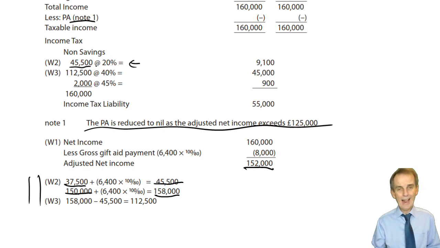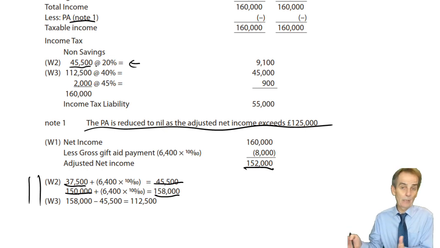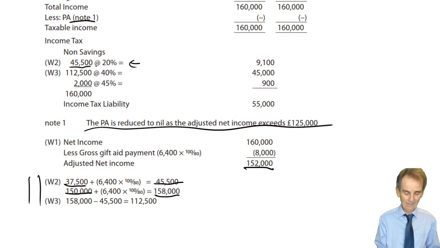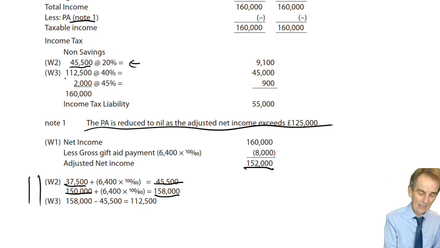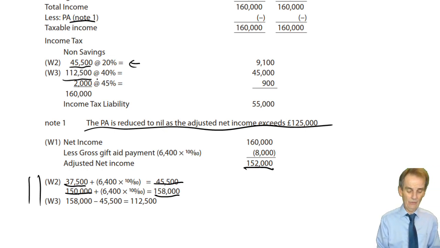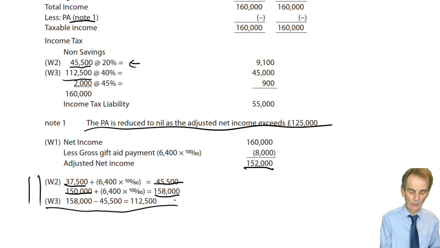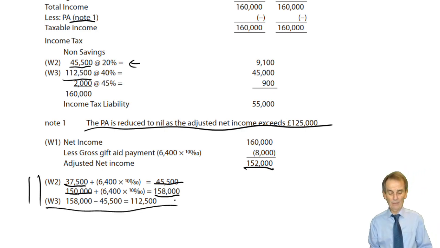We now need to know how much income falls within the higher rate band. It is exactly the same as it would always have been, because both the basic and the higher rate band limit have been increased by 8,000. So the difference between the basic rate band limit and the higher rate band limit remains exactly the same, and that amount here is £112,500. There's the working for it, 158 minus 45.5.